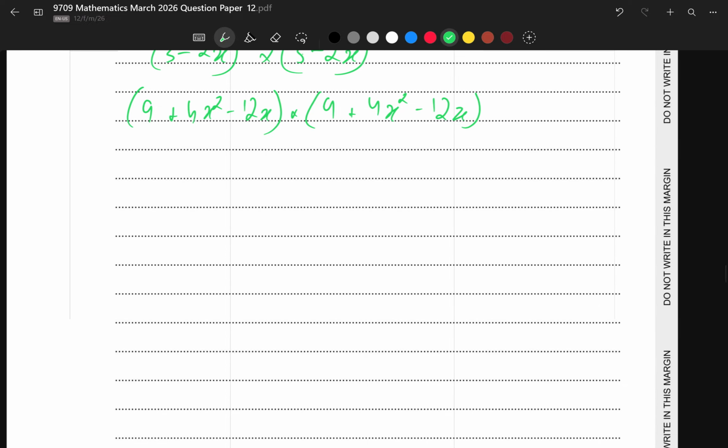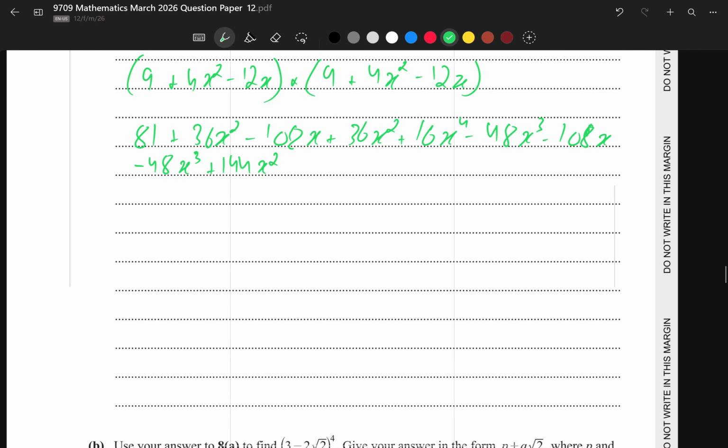Now if we multiply these both, we'll get 81 + 36x^2 - 108x + 36x^2 + 16x^4 - 48x^3 - 108x - 48x^3 + 144x^2.